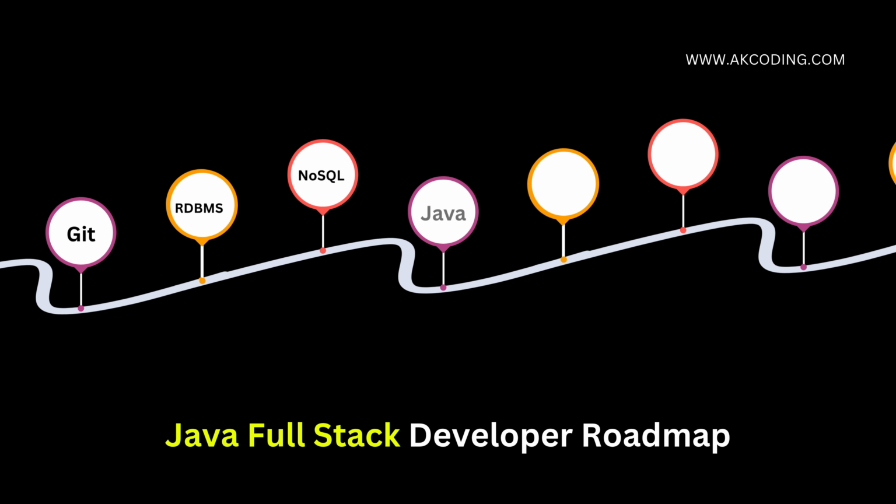In core Java, you have to understand in depth object-oriented programming, data types, exception handling, collection frameworks, Stream APIs, lambdas, IO operations, IO streams, and file handling.